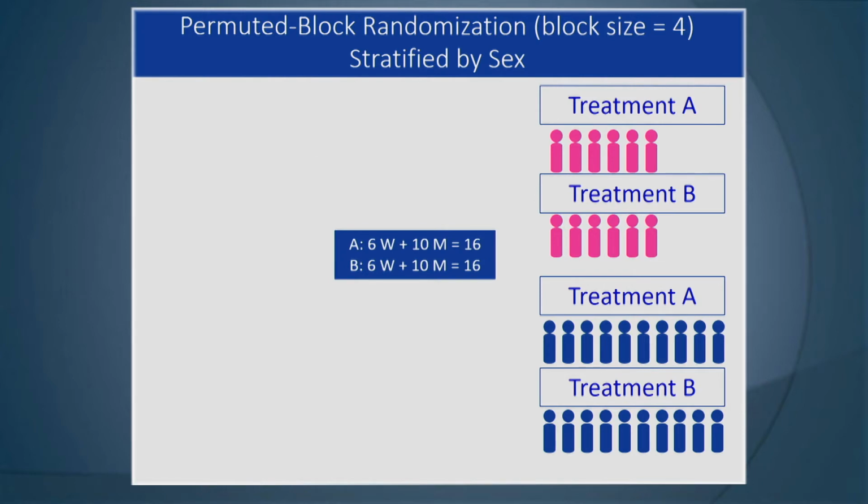We have the same numbers in A and B, and we have a balance of women and men in both treatments. And we solved both problems that we had with simple randomization.